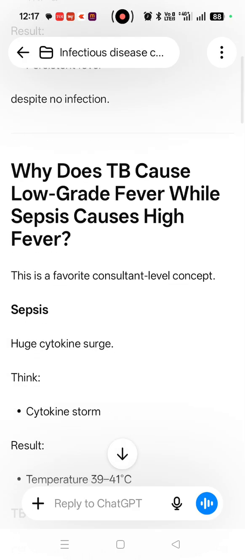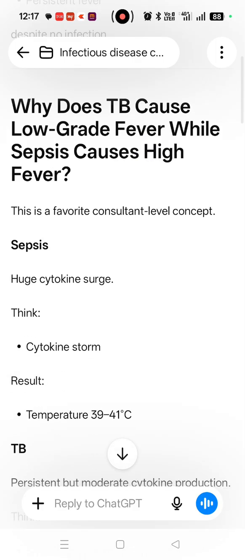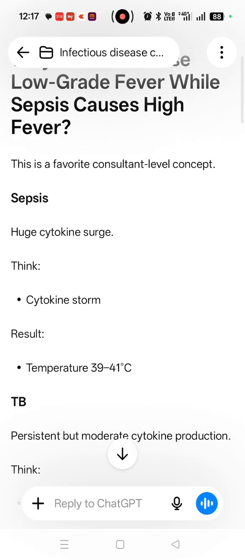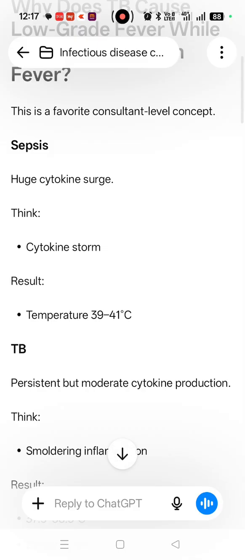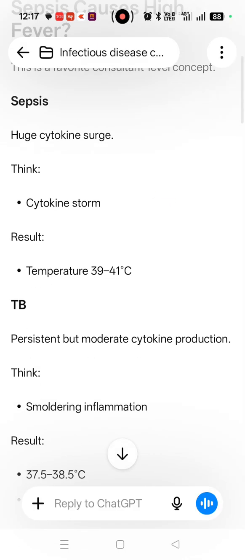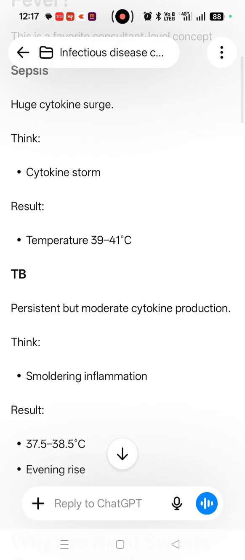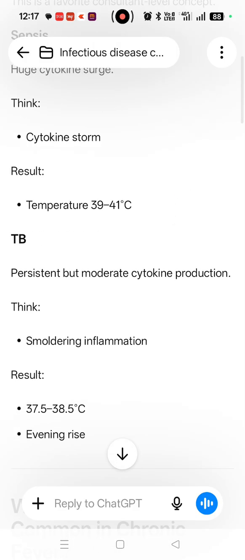So why does TB cause low grade fever while sepsis causes high fever? So why is TB causing low grade fever? This is a favorite consultant level concept, that in sepsis a huge cytokine surge is there, and that is cytokine storm, and this leads to a temperature of 39 to 41 degrees centigrade.